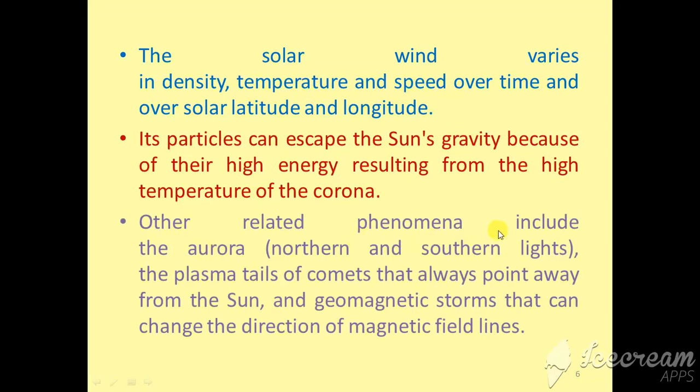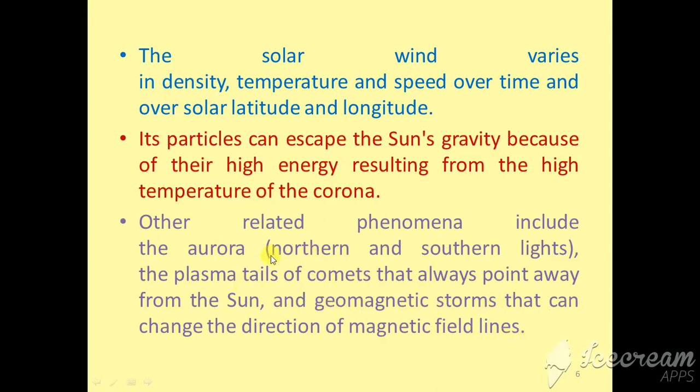Other related phenomena with the solar wind include the aurora, northern and southern lights, the plasma tails of comets that always point away from the sun, and geomagnetic storms that can change the direction of magnetic field lines.